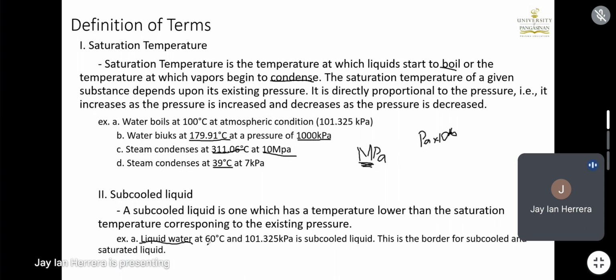So under this condition, this is still subcooled liquid. Even if it rises by just a little, 101.326 kPa or 60.1 degrees Celsius, technically that already enters the wet mixture since that is beyond the saturation curve.